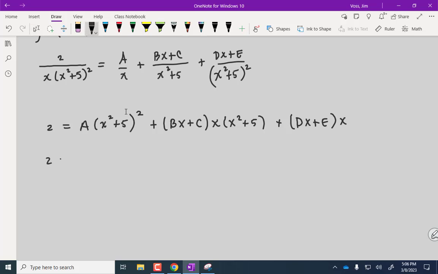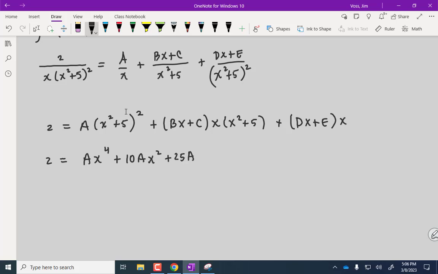So we're just going to multiply out everything on the right here. So we're going to have ax to the 4th. Foiling this, we'll get x to the 4th, and then 10x squared, so then 10ax squared. A 25, but then multiplied by a. So there's the first part.